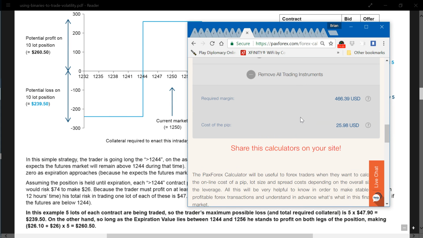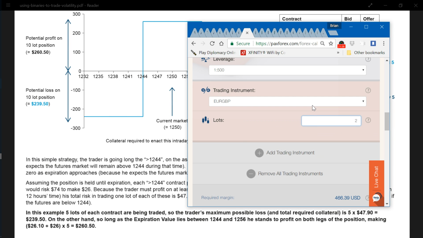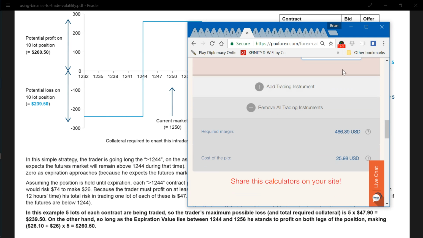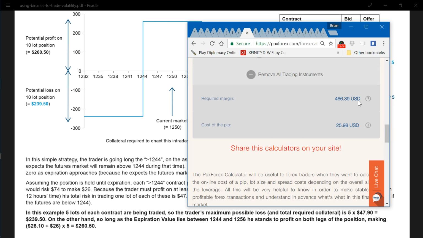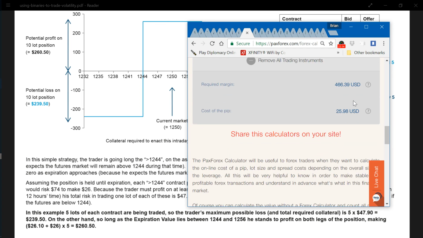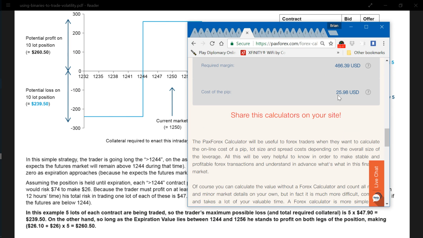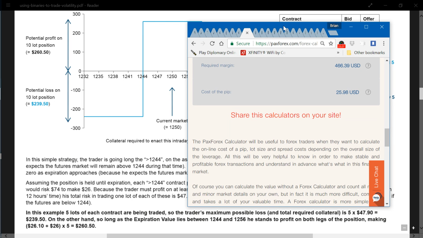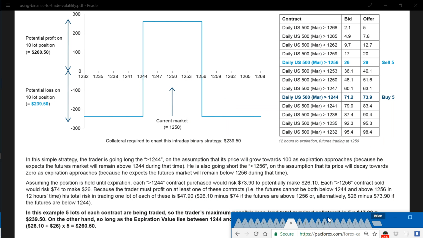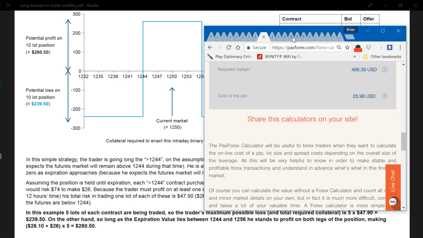In that case, if you had a leverage of 500 to 1 and you were trading 2 lots, all you would need is $466 in leverage, which would afford you $25.98 per pip.